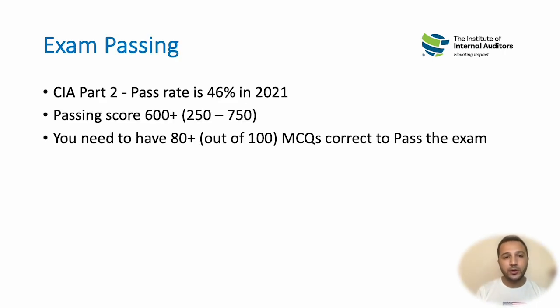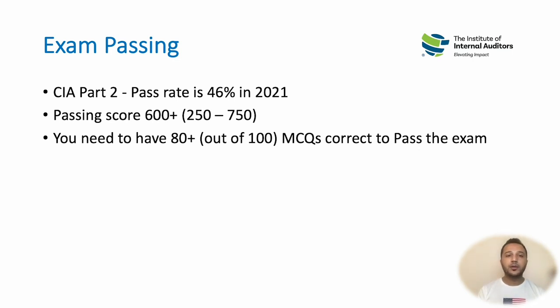CIA Part 2 passing percentage is 46%. It was 46% in 2021, and Part 1 was 43%, and Part 3 was somewhere 50 plus. So that apparently gives you an idea that Part 1 is the toughest, then Part 2, and then Part 3.